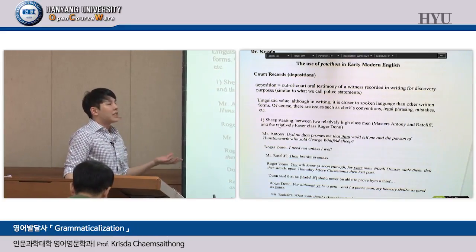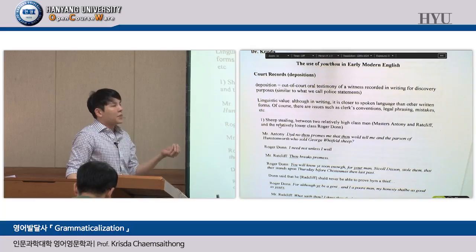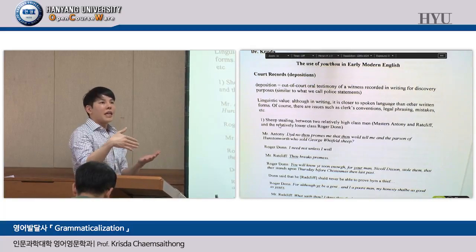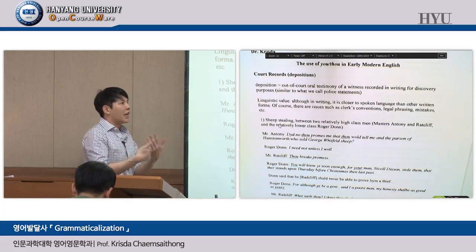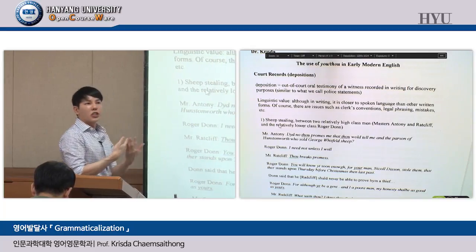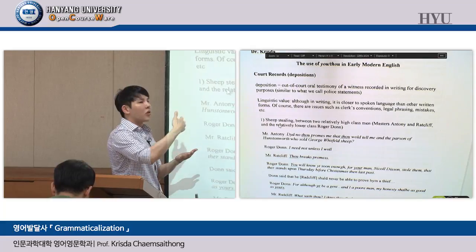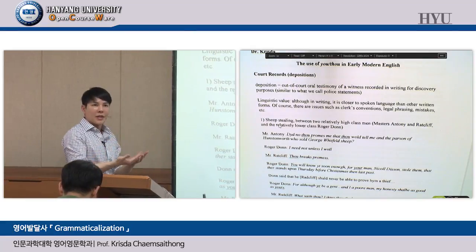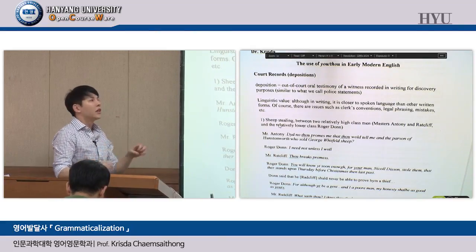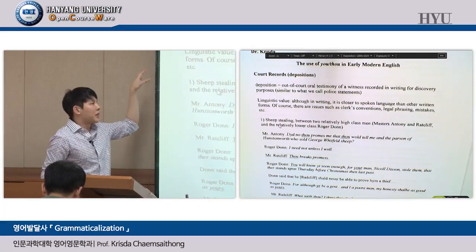A police statement is made when police investigate a crime, or any kind of conflict issue between two parties. The police go around and ask people what happened and who said what and so on. So this is what is meant by deposition.